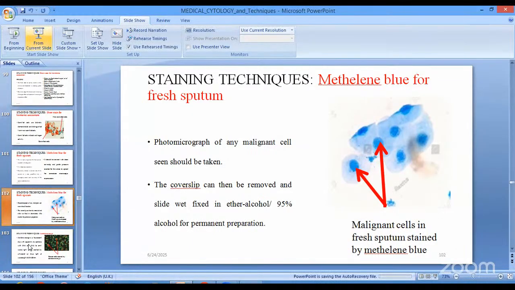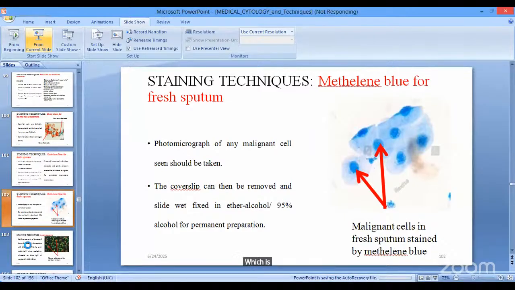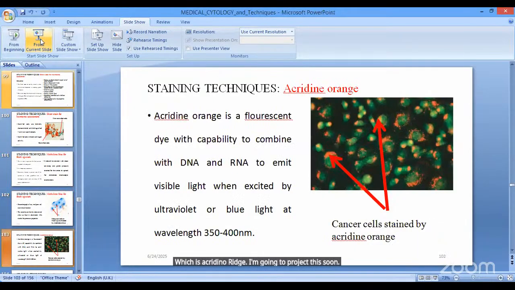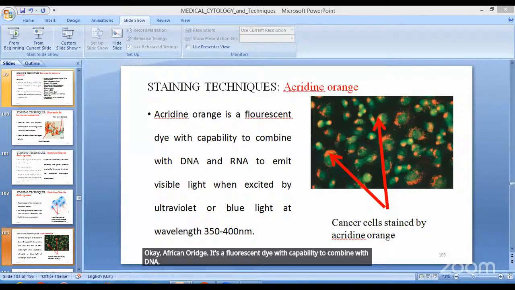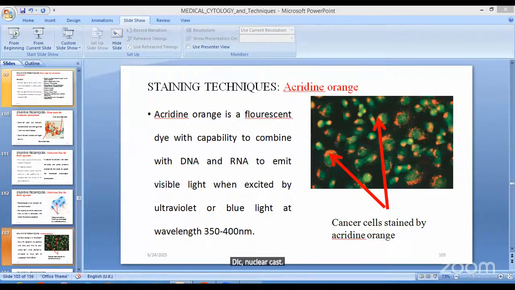So we'll move to the next staining technique, which is acridine orange. I'm going to project this soon. Acridine orange is a fluorescent dye with the capability to combine with DNA, deoxyribonucleic acid, and RNA to emit visible light when excited by ultraviolet or blue light at wavelength 350 to 400 nanometers.